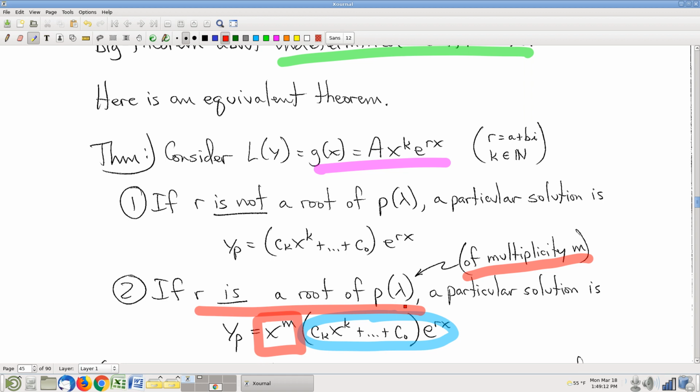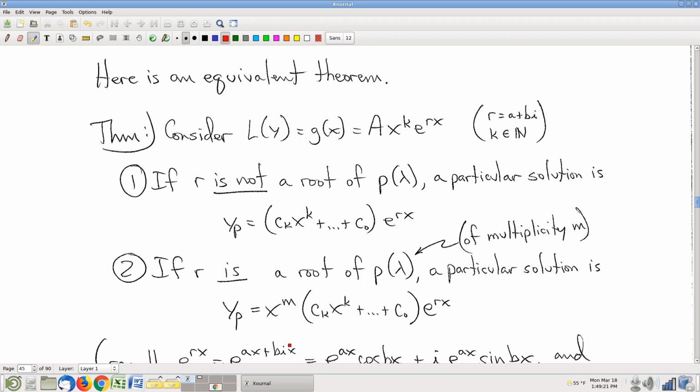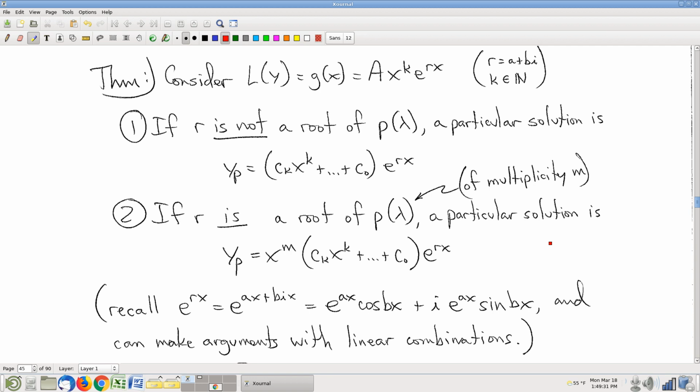So how is it that throwing in some extra factors of x allows us to have a correct form for a particular solution when you have a root of multiplicity m in the characteristic polynomial? Now, before we go on, let me address the concern that you may have. Hey, this isn't the same theorem. This is supposed to have sines and cosines in it. What happened to the sines and cosines?